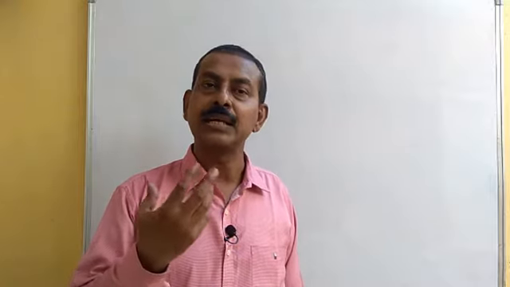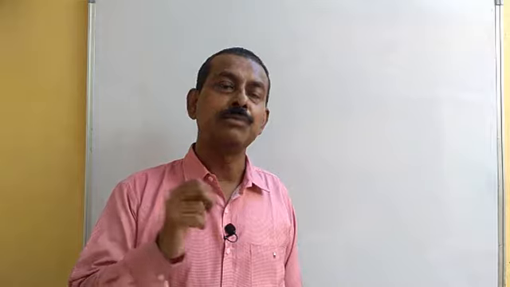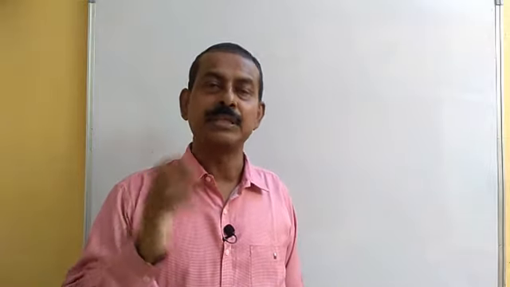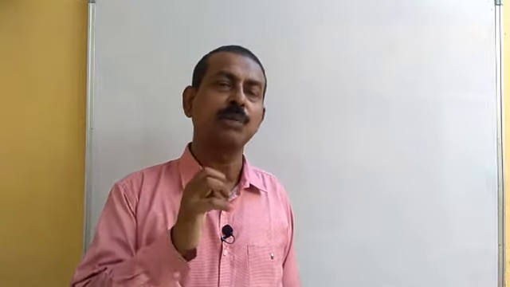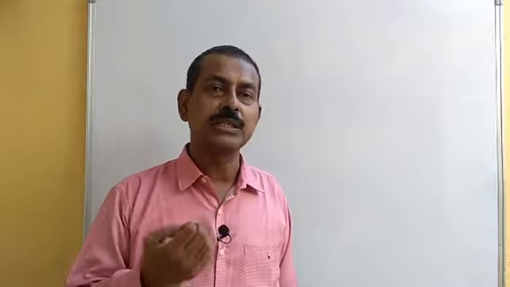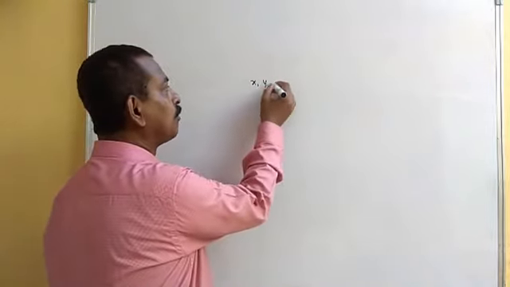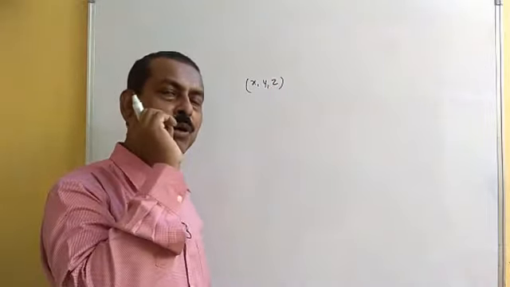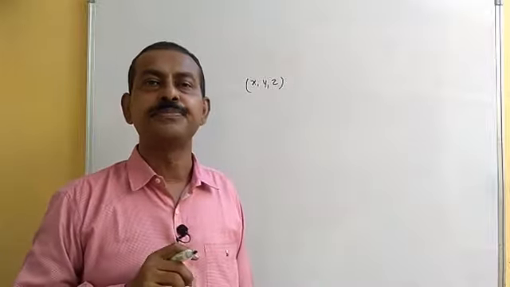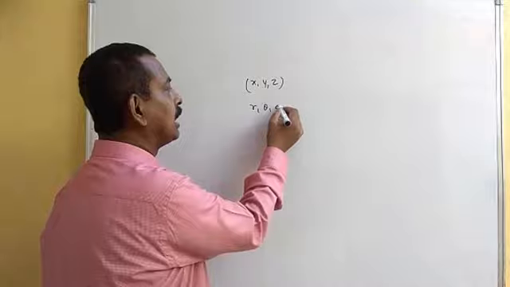What are those? In the Cartesian system, it is x and y. In polar coordinates, it is r and theta. And if the particular point is in space, we need three coordinates, x, y, z. So x, y, z are the three coordinates required to give the complete information about the location of a particular point. And in polar coordinates, it is r, theta, and phi.